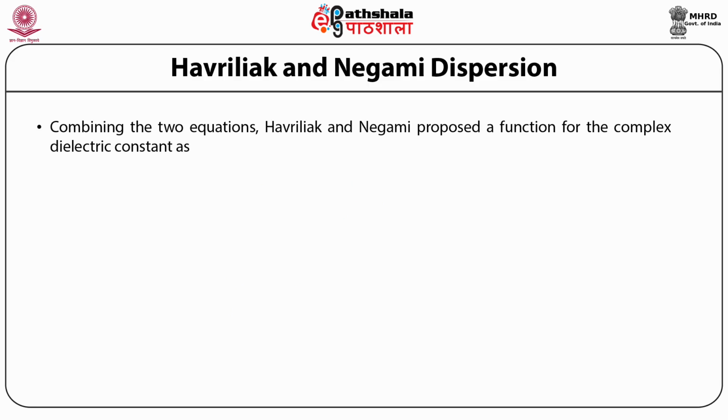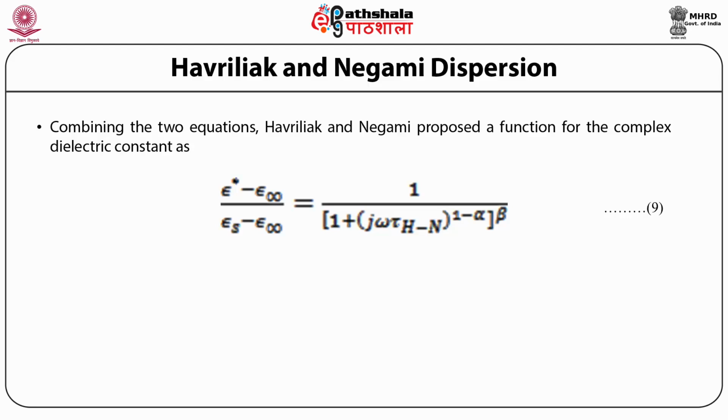Combining the two equations, Havriliak and Negami proposed a function for the complex dielectric constant as (epsilon star minus epsilon infinity) divided by (epsilon s minus epsilon infinity) equal to 1 by [1 plus (j omega tau HN) to the power 1 minus alpha] whole power beta.